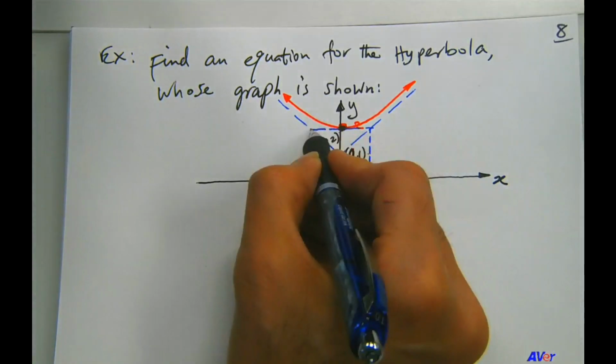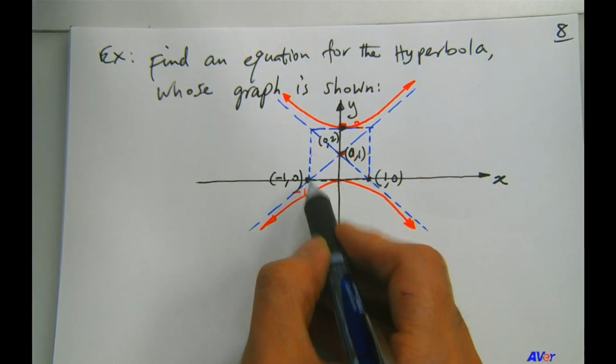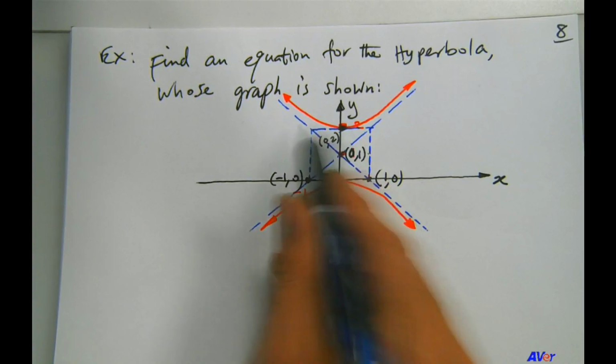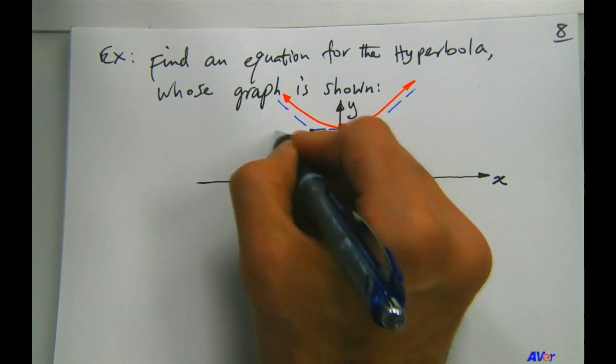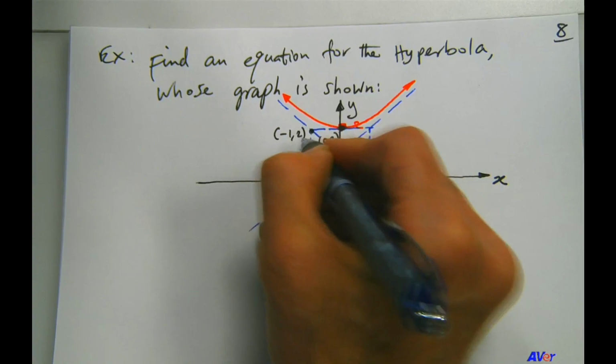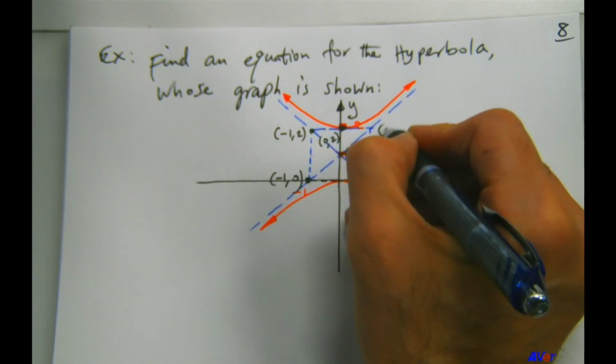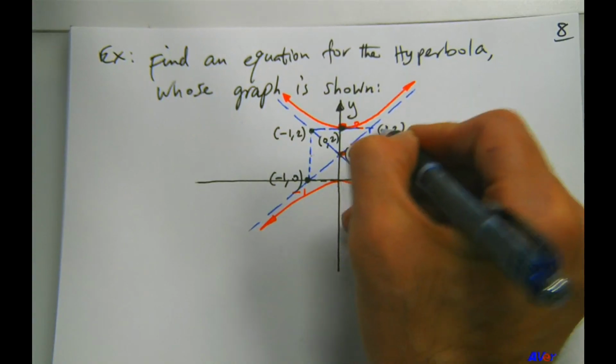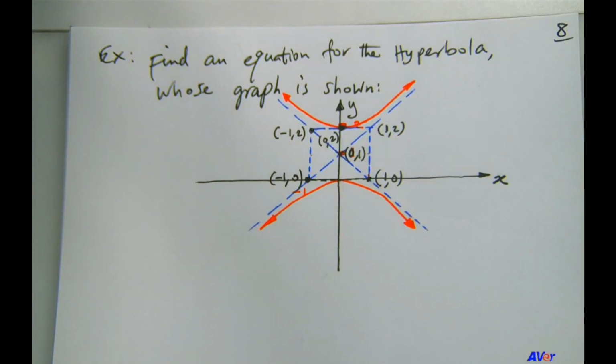And that corner point here is -1, 2. That point is -1, 2. And that point is 1, 2. Okay. So given this hyperbola, we are asked to find the equation for it.